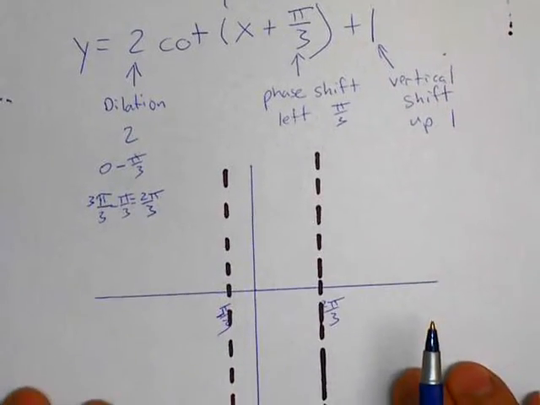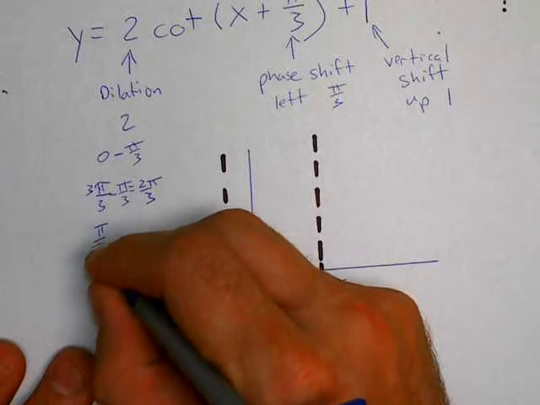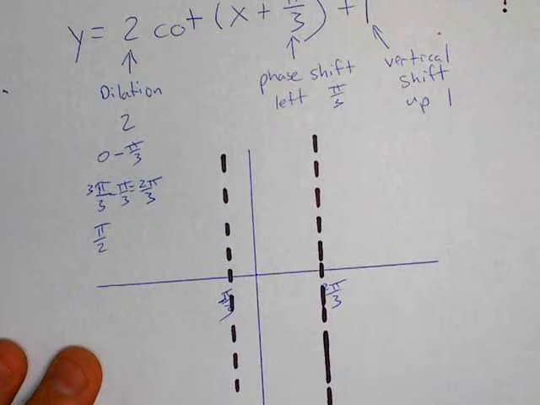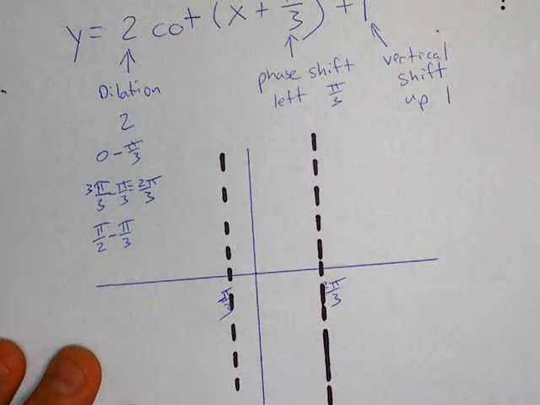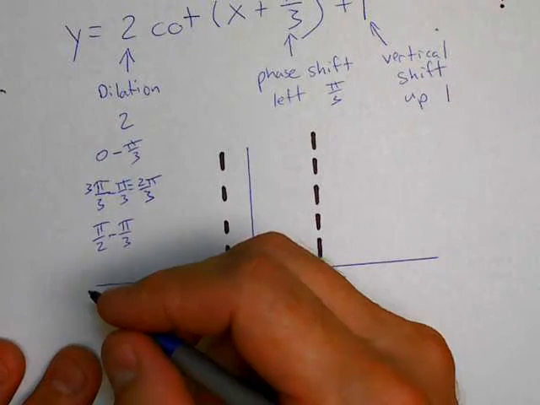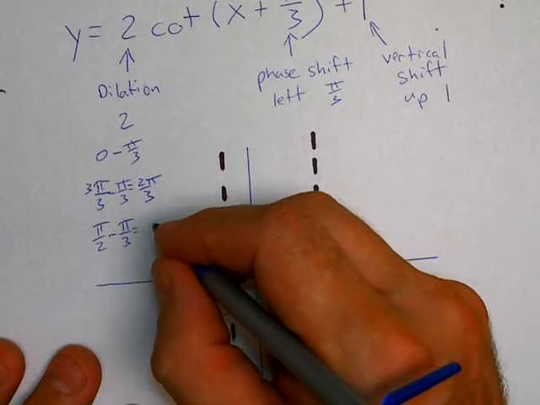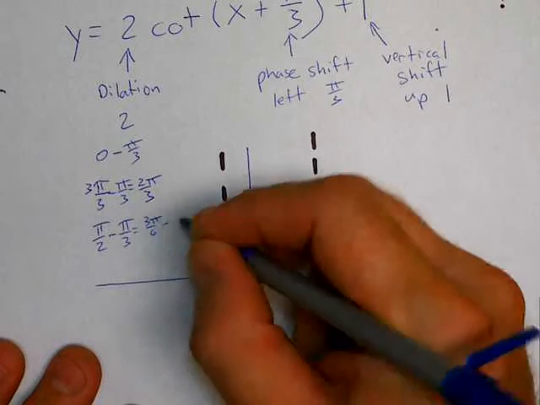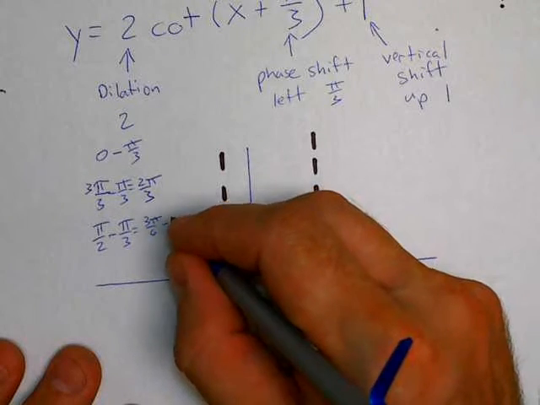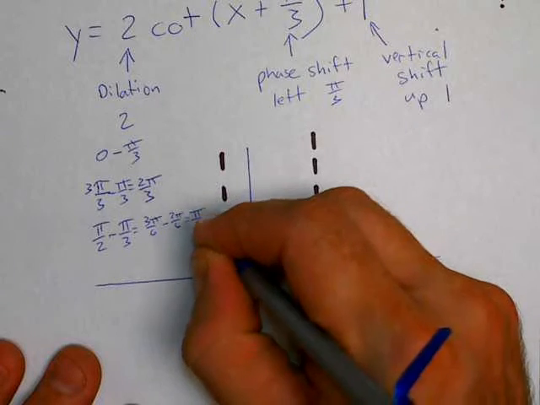Okay, so I'm starting, I need to say I'm at pi over 2, that's where I normally have my 0 point, but I'm moving to the left pi over 3, and this, common denominators. So this is equal to 3 pi over 6 minus 2 pi over 6, and that means I'm at 1 pi over 6.